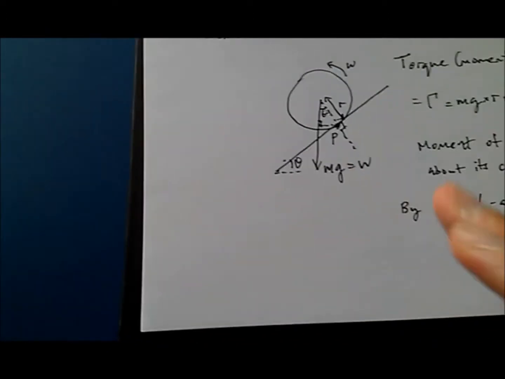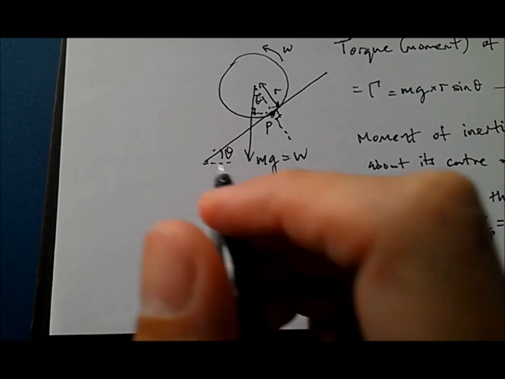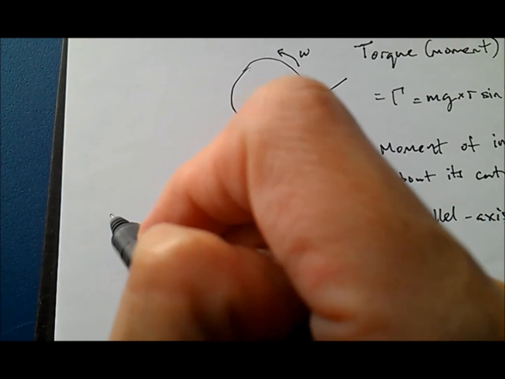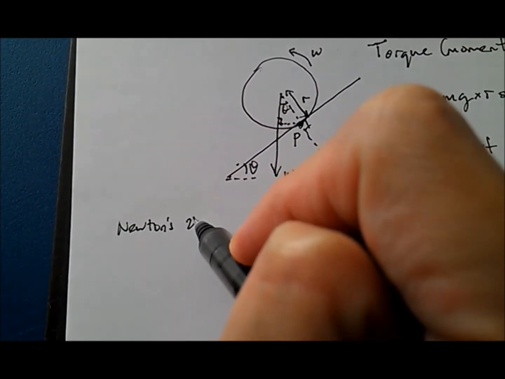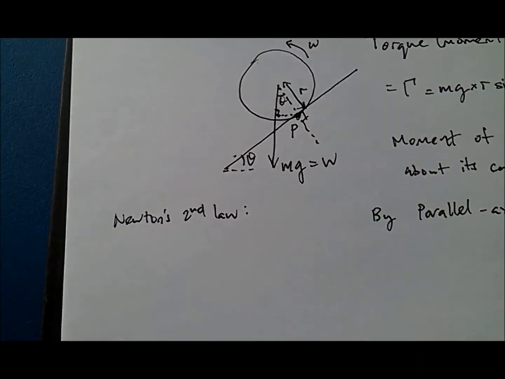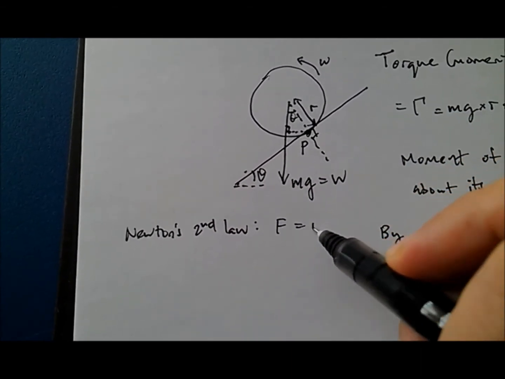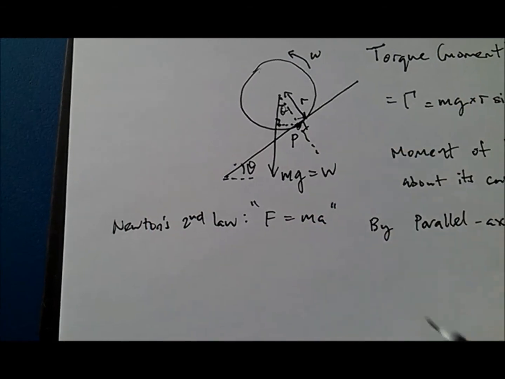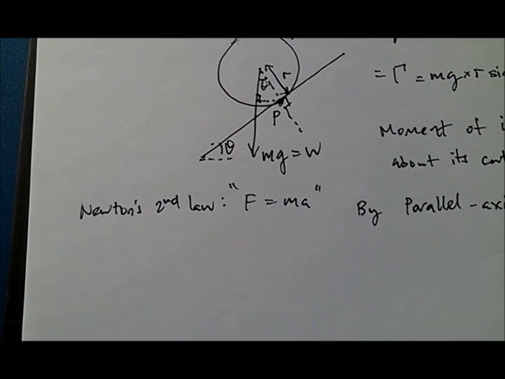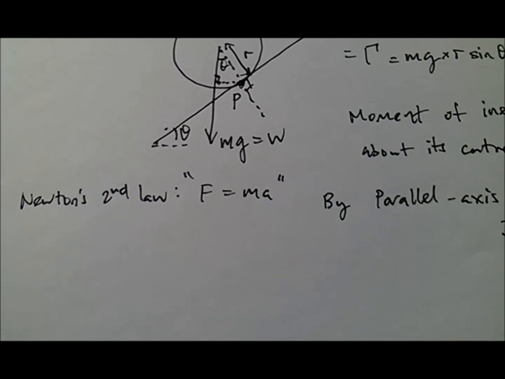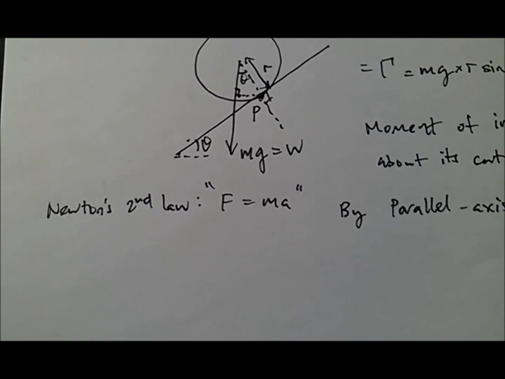I am sure all of you are familiar with Newton's second law, which is F equals ma. That is for linear motion. But in this case, we are talking about rotational motion. For rotational motion, there is an analogous relationship.